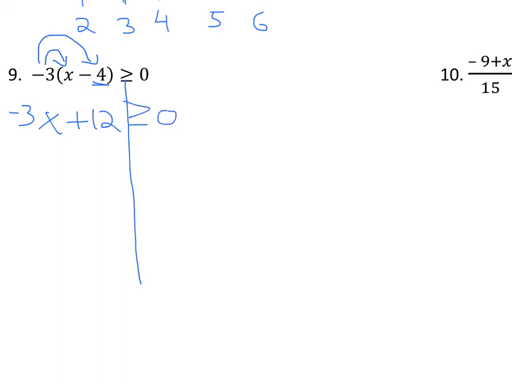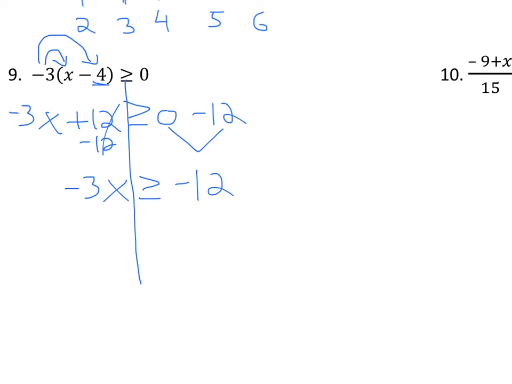Now you can see you have 2 steps. This is actually going to be a 3-step inequality. I'm going to subtract 12 from both sides. So then I'm just going to have negative 3x on the left side. This 0 minus 12 gives me negative 12. So I'm still going to have greater than or equal to negative 12. Now here I'm going to have to switch the inequality symbol.